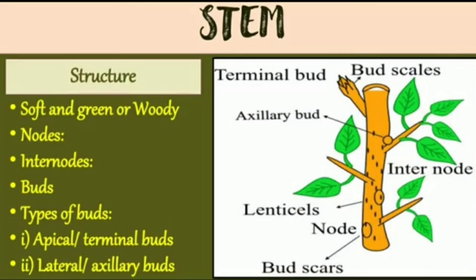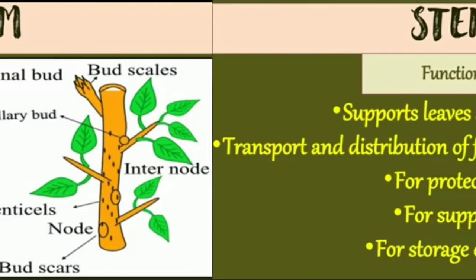Apical or terminal buds, that means those which are present at the tip of the stems. The second is lateral or axillary buds. These axillary or lateral buds are present at the lateral side near the nodes.